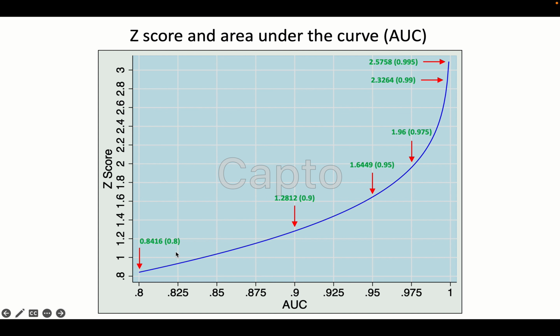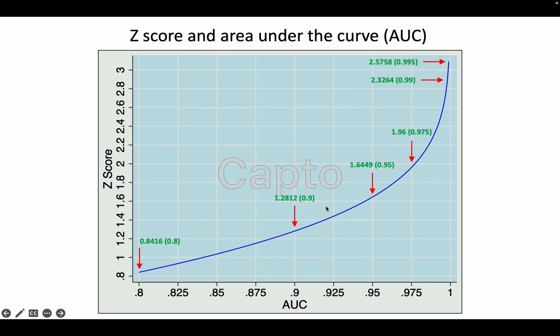On the other hand, if you want to increase your power to 90%, where the area under the curve is 90%, you will need to use, instead of 0.8416, 1.2812 in that case, right?